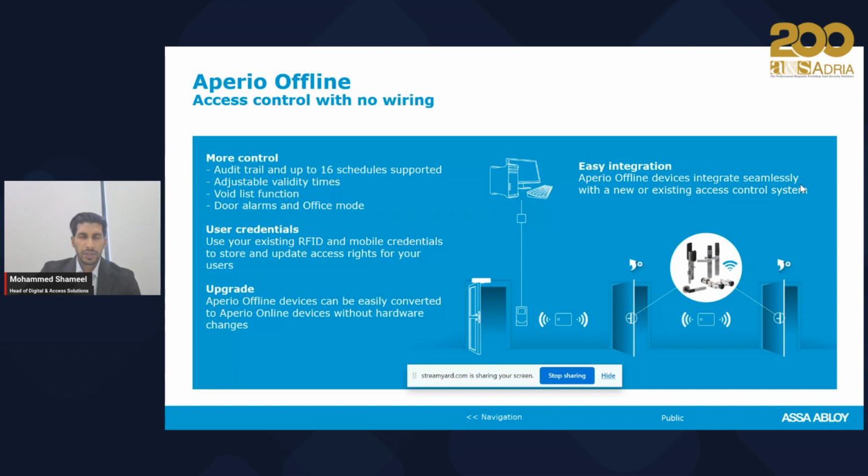ABLOY also offers the flexibility to work as offline locks, depending on the access control system that the customer has. In the case of offline, there will be no live communication back to the software. It will be over a carrier, which is usually an RFID card. The offline data is stored inside the card, and it's transferred from the access control system to the wireless locks.